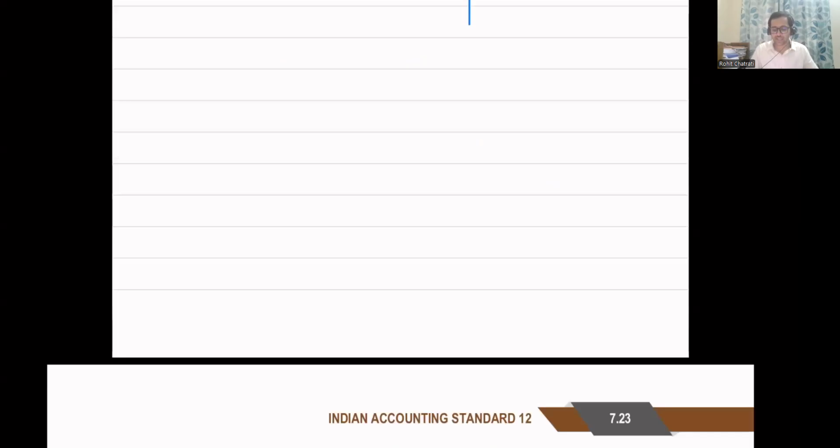Now let's think of the tax books of accounts. For calculating deferred tax, we need the tax books of accounts as well, and we need to assume what the tax balance sheet would look like. In tax books of accounts, the preliminary expenses is allowed as a deduction over a period of 5 years.